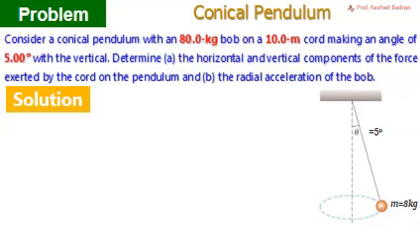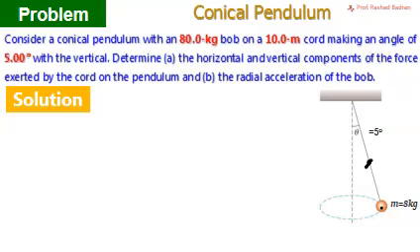This problem is about the conical pendulum, which we demonstrated in the previous example. Given in this problem, the mass of the rock is 8 kilograms, the length of the cord is 10 meters, and the angle between the cord and the vertical is 5 degrees.